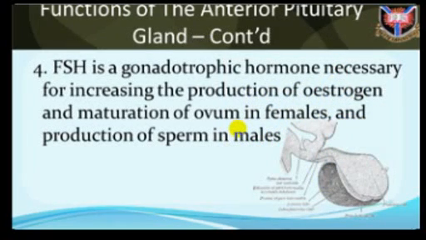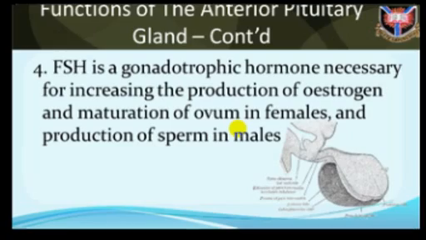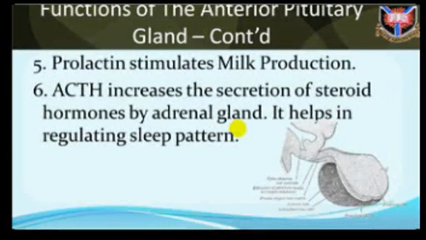The FSH is a gonadotropic hormone necessary for increasing the production of estrogen and maturation of ovum in females and production of sperm in males. 5. Prolactin stimulates milk production. 6. The ACTH increases the secretion of steroid hormones by the adrenal gland. It helps in regulating sleep pattern.